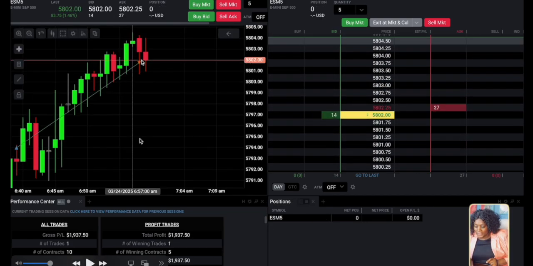So you can see that this is where I came out of the trade at this point right here. The reason why I came out is that this candlestick came down and now there was a change of character, because this candlestick came down below this previous one that is here. And that is why I had to come out of the trade. And from here, it just kept coming down.